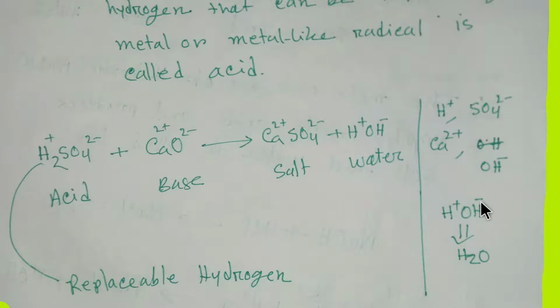Is not equal, sorry. Here it is equal, but to write the formula of water, you need two hydrogens. So here we are giving 2, and we know that the oxidation state of oxygen is 2 minus.